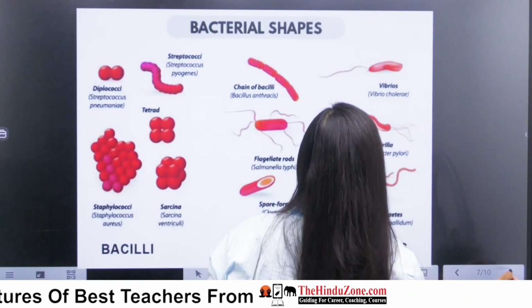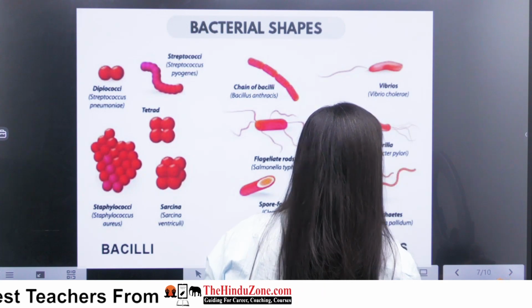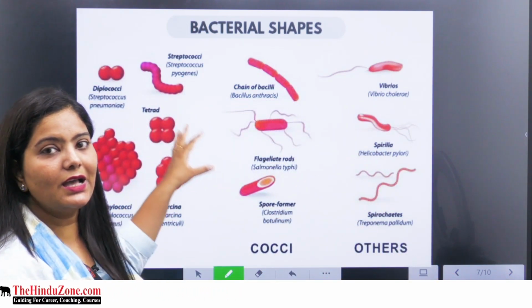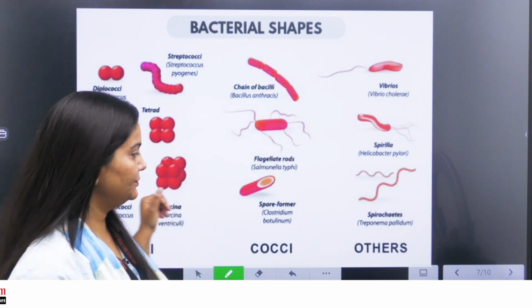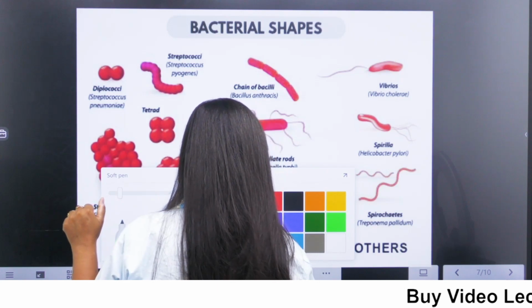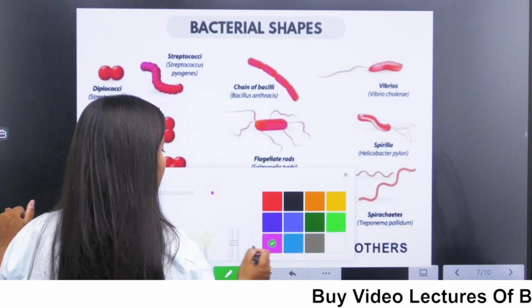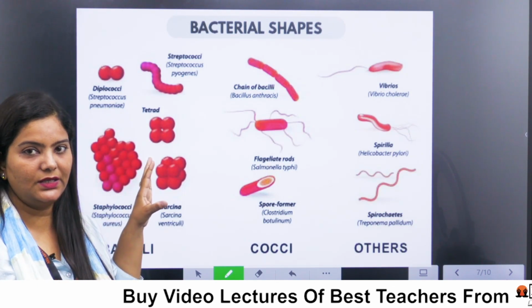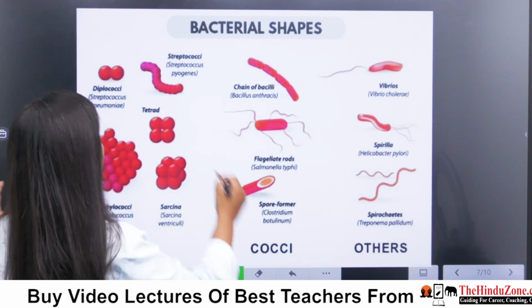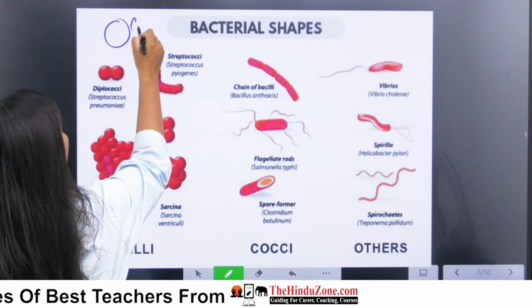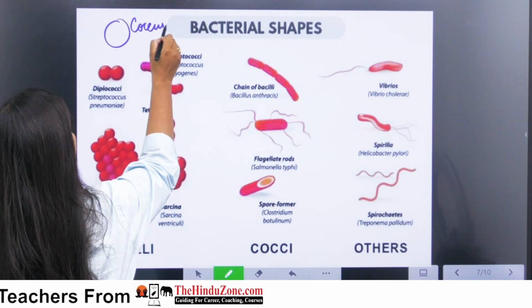One more important thing I have to discuss with you is the classification of the bacterial cells as per their shapes. My dear bachcho, there can be a number of shapes for bacteria, right?